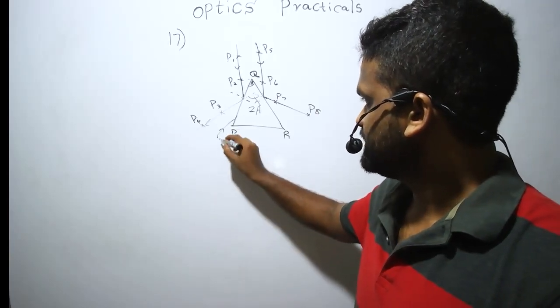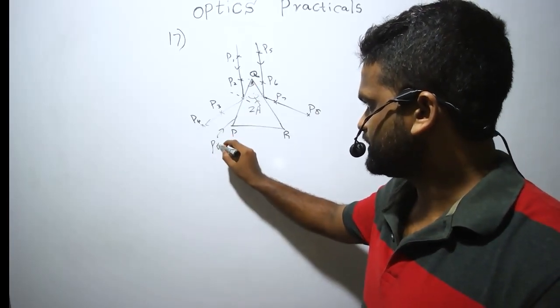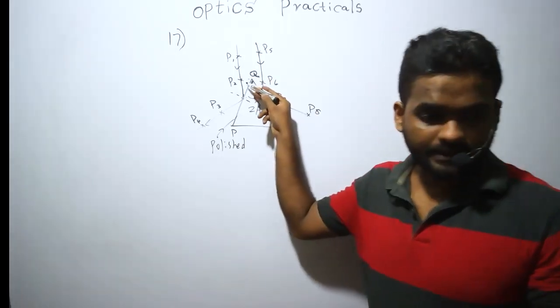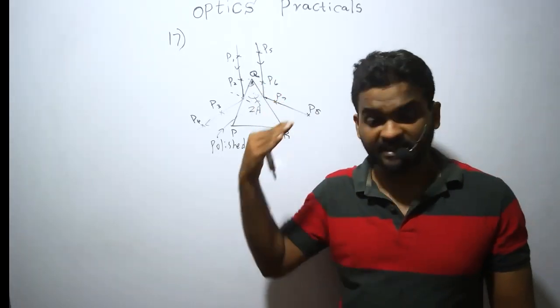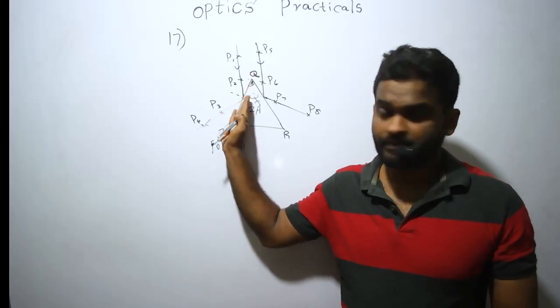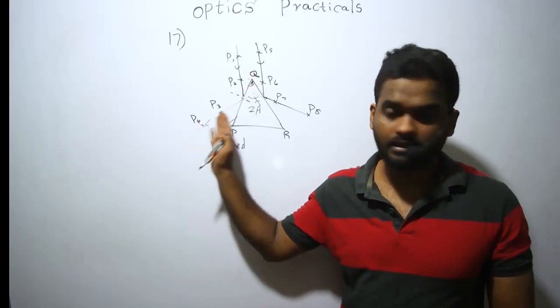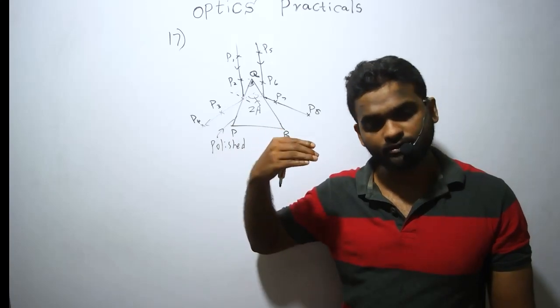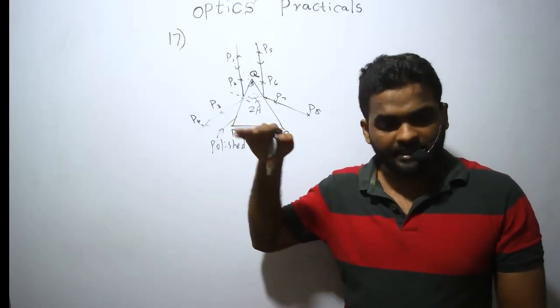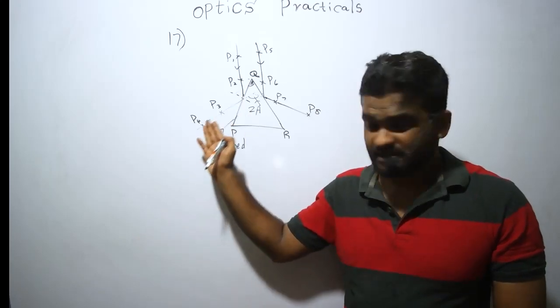So these surfaces should be polished for this experiment, because these surfaces have to act like mirrors, right? You are using reflection, not refraction. Earlier you used refraction, right? About 80% gets refracted, 20% gets reflected.